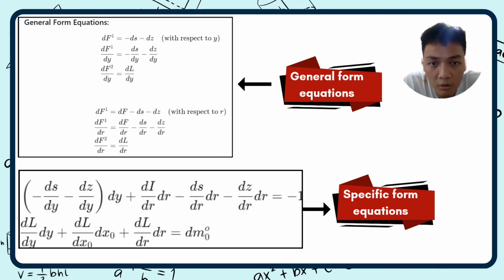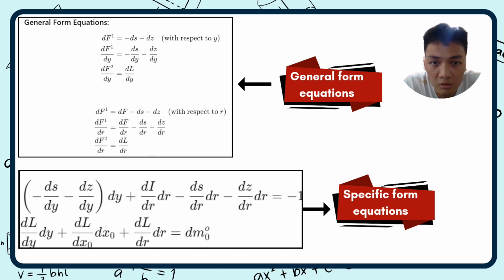The general form equations describe how the functions f1 and f2 change with respect to the variables y and r. The changes in f1 are influenced by the negative change in s and z, while the changes in f2 are directly related to the change in L. For the specific equations, the first term represents the combined effect of change in s and z with respect to y multiplied by dy.